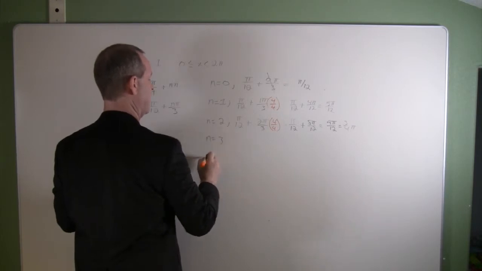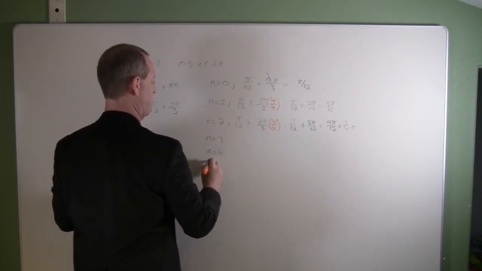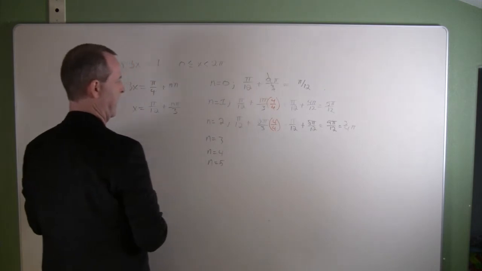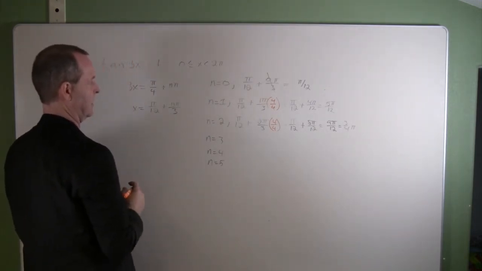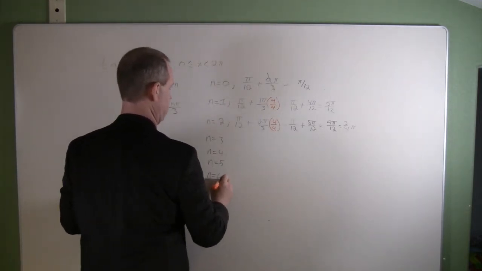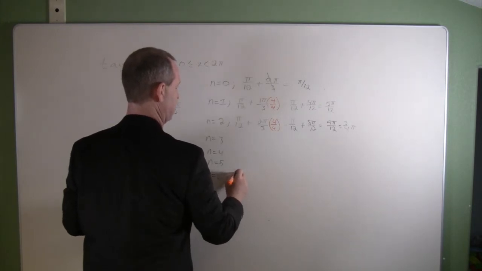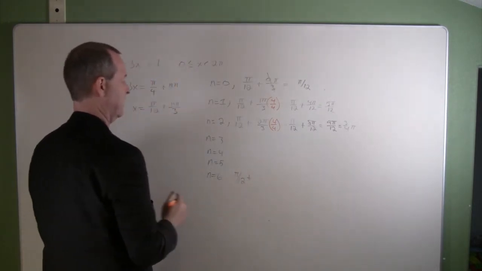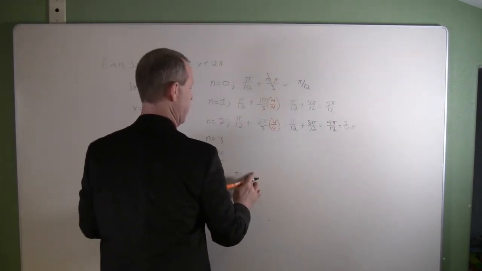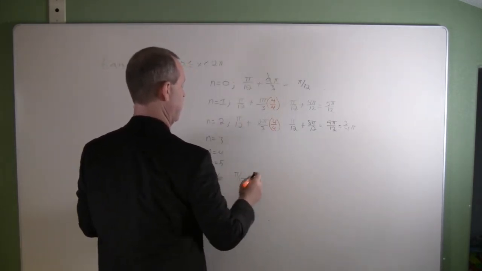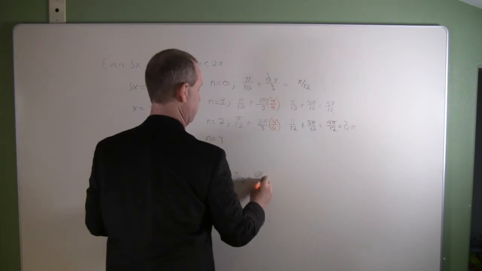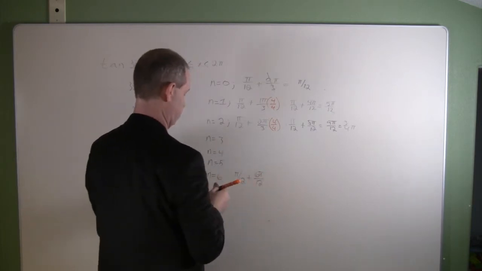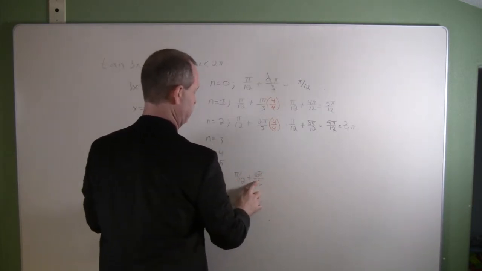N equals 3, n equals 4, n equals 5, and I can't remember if 5 or 6 is the last one, so let's solve for n equals 6. So that gives pi 12ths plus 6 times pi over 3.